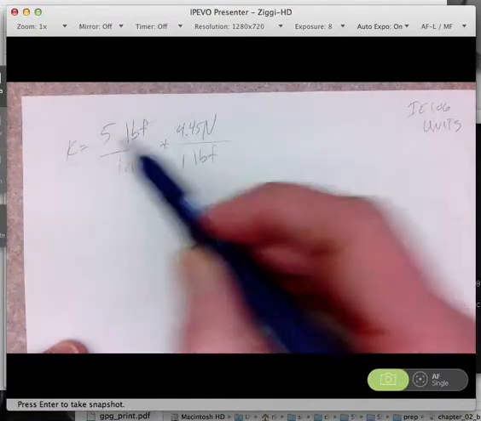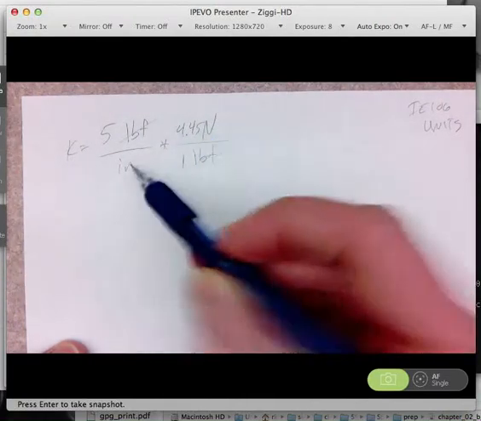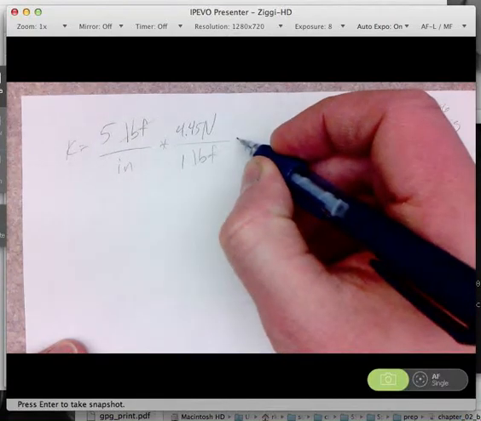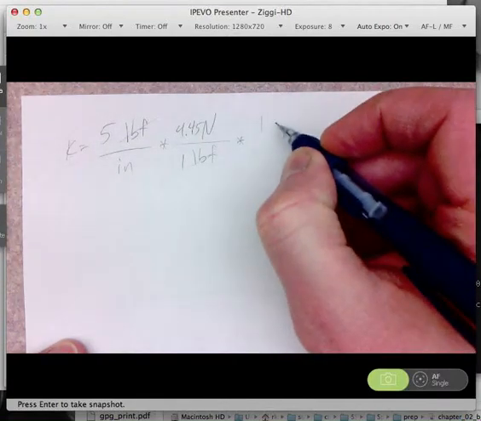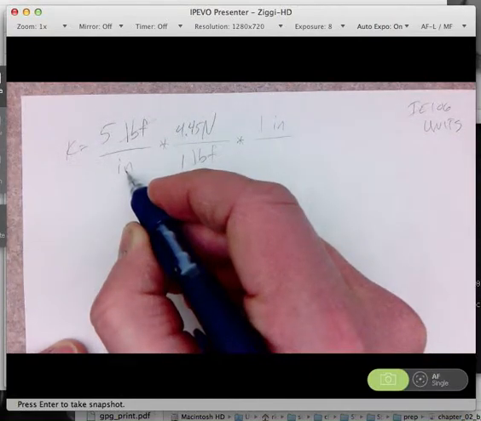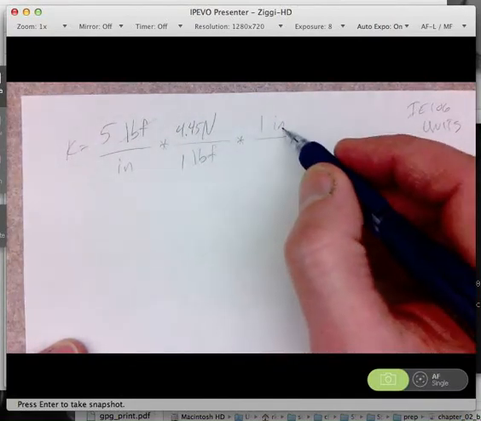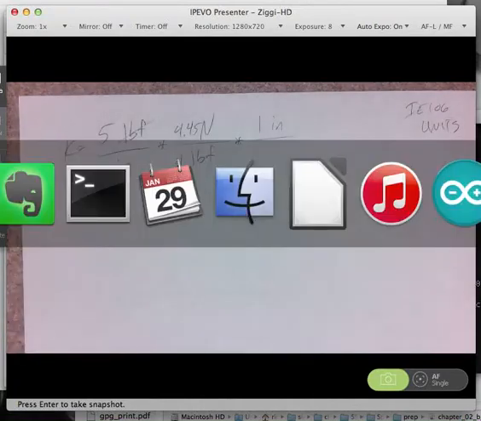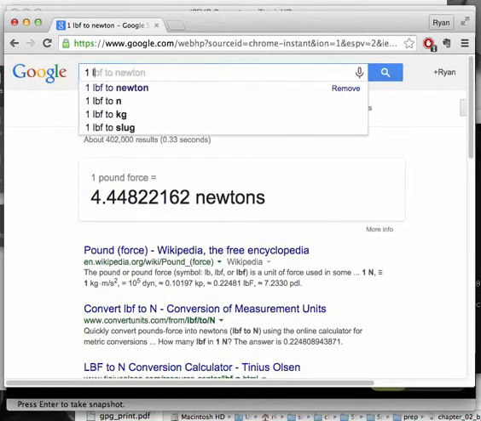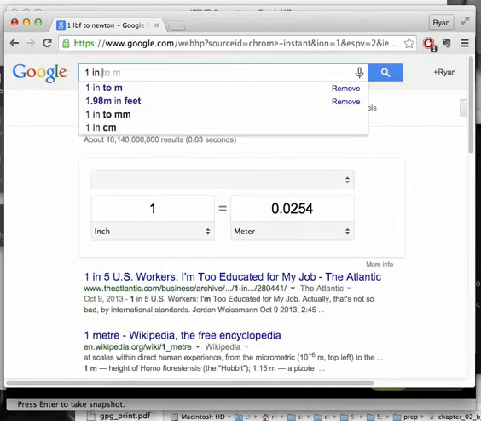So if I took 5 times 4.45, I'd have newtons per inch, which gets me halfway to SI units, but I want to get to meters. And so the next thing, I would need to have inches in my numerator to cancel with inches over here in the denominator. And so the question is, 1 inch is how many meters? And again, I would look that up on my unit conversion sheet.